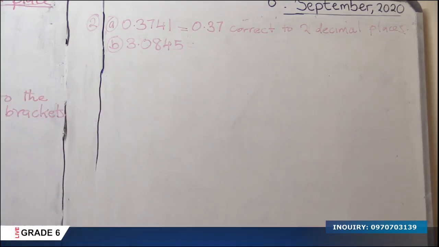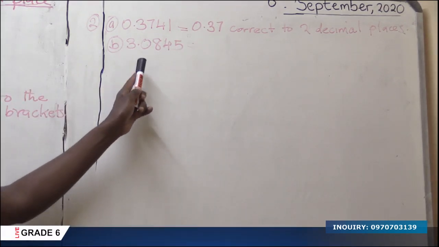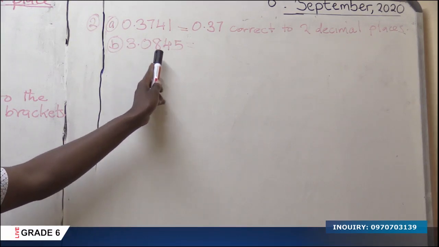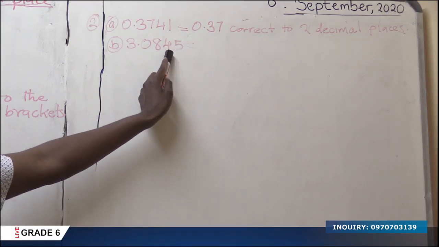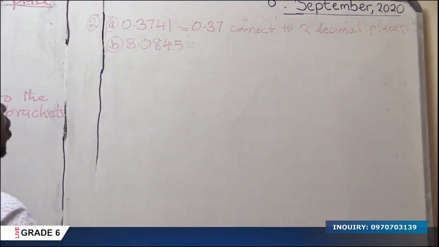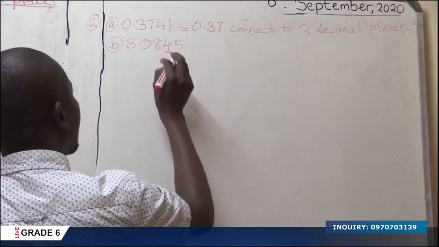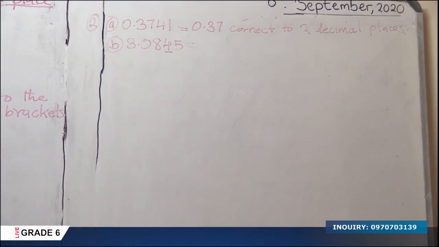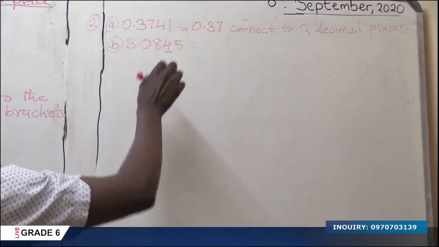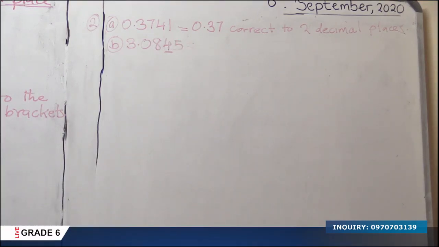So we are changing to 3 decimal places. So 3 decimal places, this is the first decimal place, second decimal place, and third decimal place. So here our third decimal place is 4. So check the next number. The next number is between 5 and 9. So if the number is between 5 and 9, boys and girls, what do you do?